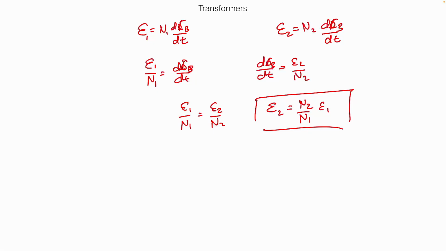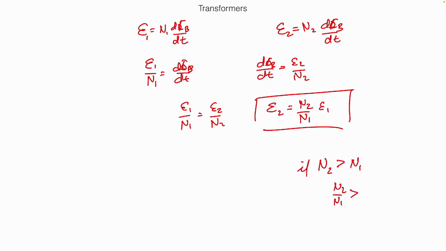What happens if the number of turns in the secondary is bigger than the number of turns in the primary? What is N2 over N1 going to be? It's going to be big, right?